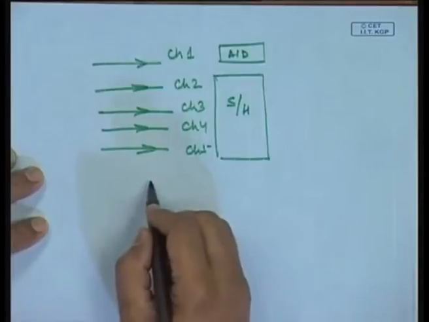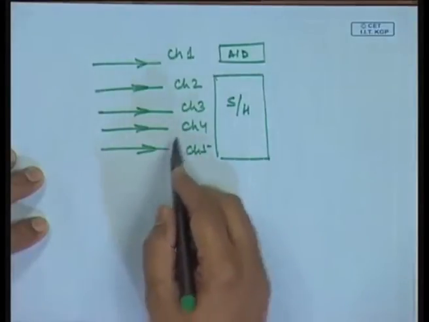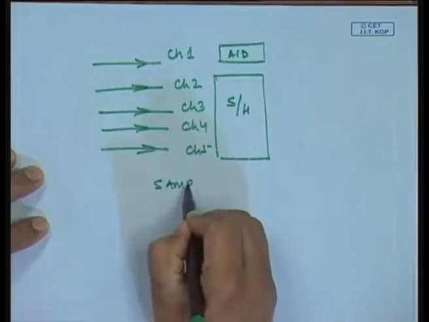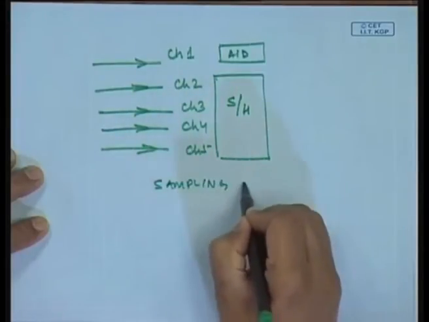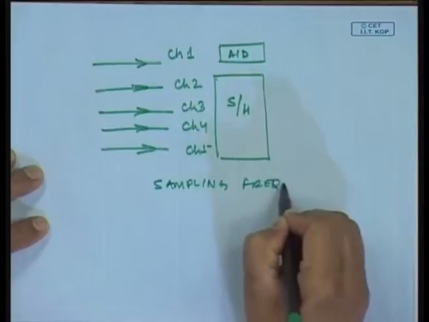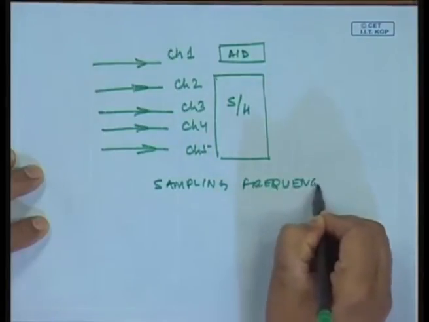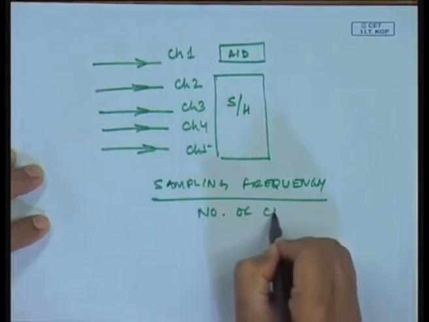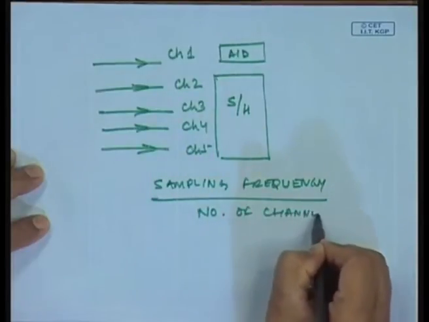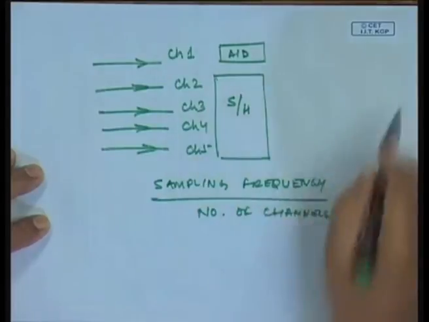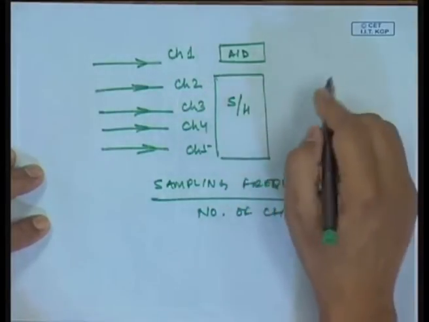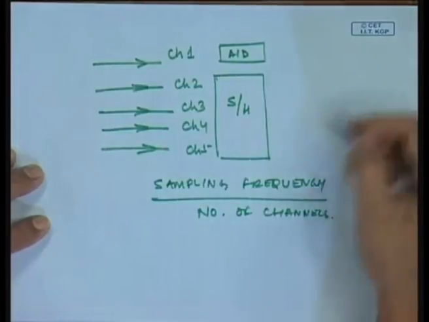So, the effective sample rate per channel becomes the sampling frequency divided by the number of channels, and such a method of holding this signal is known as multiplexing or switching.